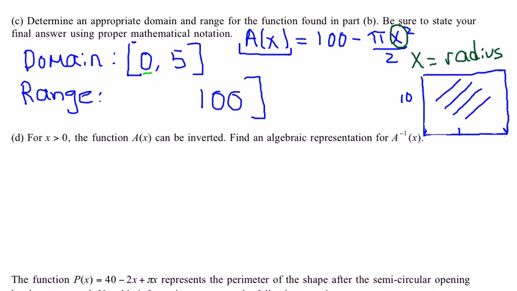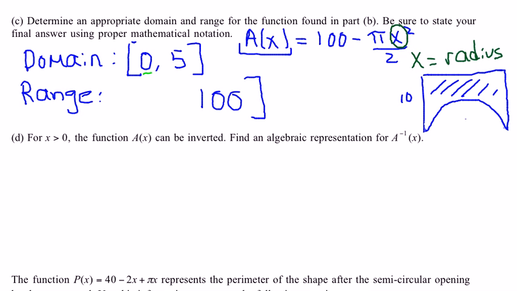Okay. Likewise, let me just erase this right here. Once I remove the largest semicircular piece that I can, let's say I have a semicircular piece like this. I've removed that amount of material from my square. How much material do I have left? Well, I will have this amount of material, right?